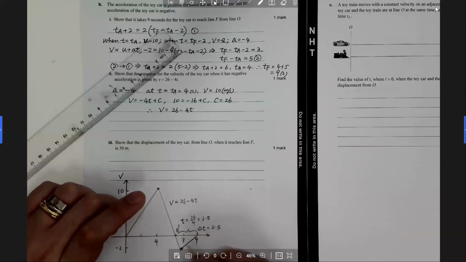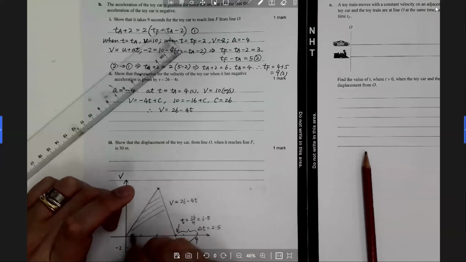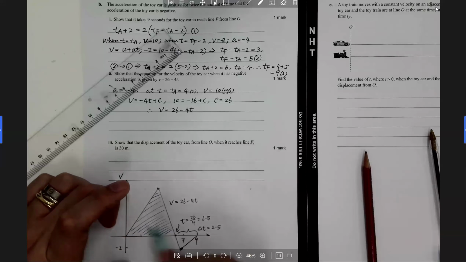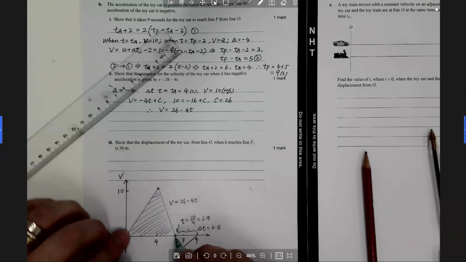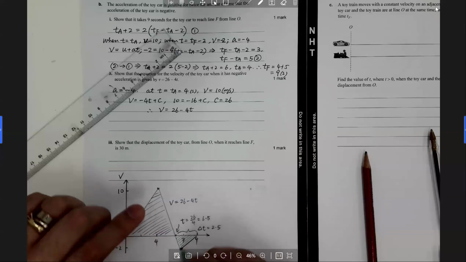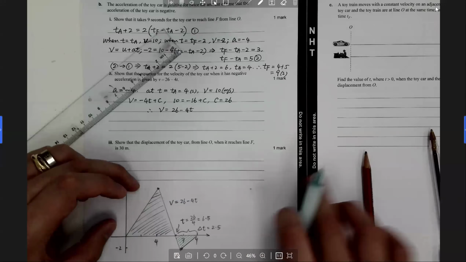And this is -2. Just be mindful. The area under the vt graph is the displacement. The blue region I indicated here has a positive displacement from 0 to 6.5. And from 6.5 to 9, that is a negative region. So I want to find the sum of the two signed areas.